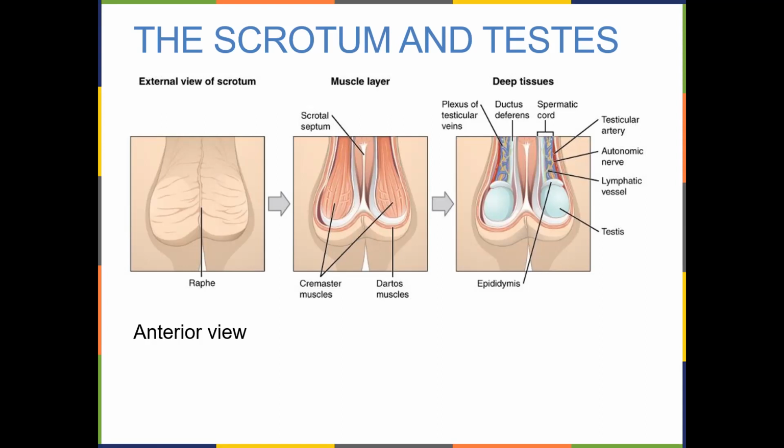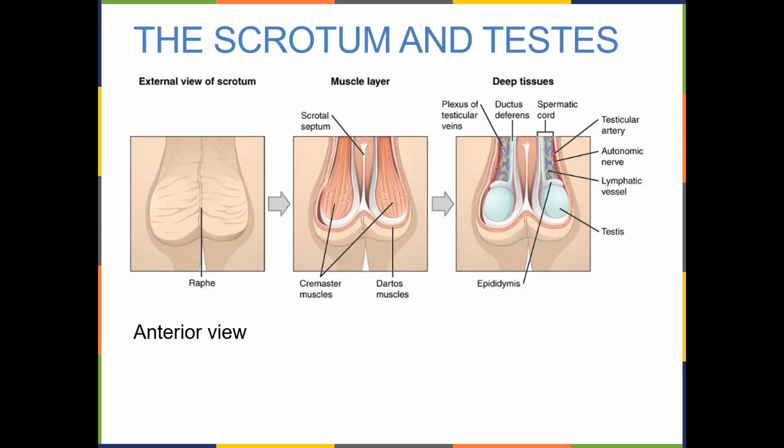So we see the scrotum. Inside the scrotum, you have a series of muscles called the cremaster and the dartos muscles. They are going to be the temperature regulators, because the cremaster will pull the scrotum up when temperatures drop and allow the testes to descend when it gets warm.